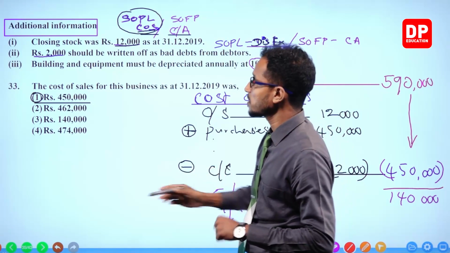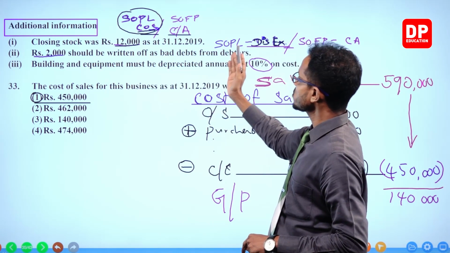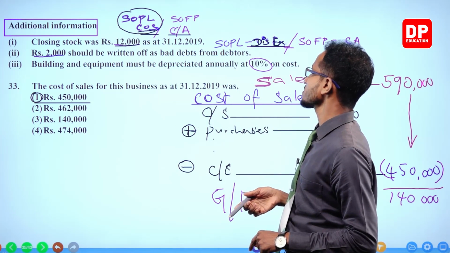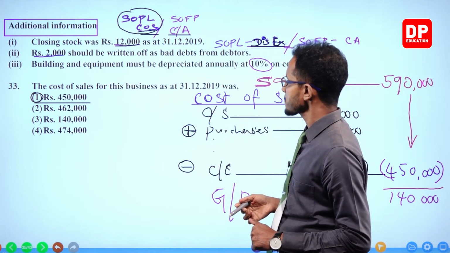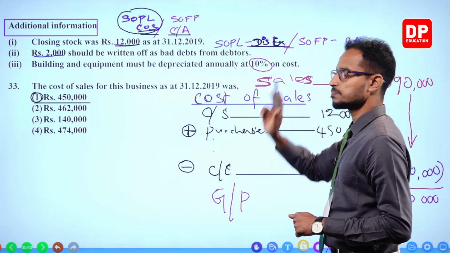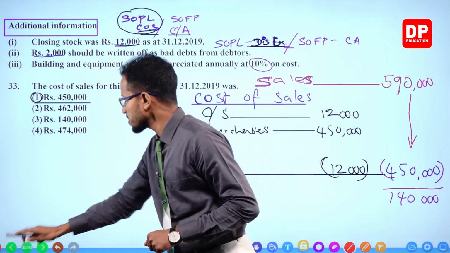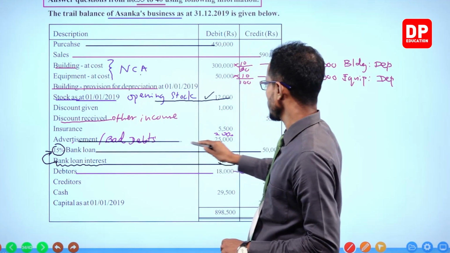Not relevant for this question. And the second additional information, 2000, it's going to SOPL distribution expenses. You have marked. So this 2000 should be bad debts, should be added to distribution expenses. And we entered it here.